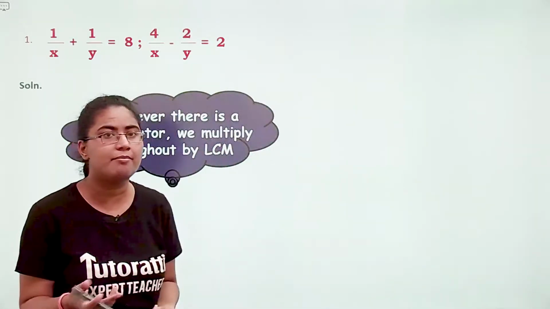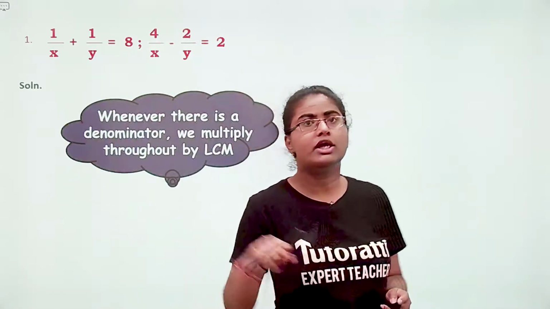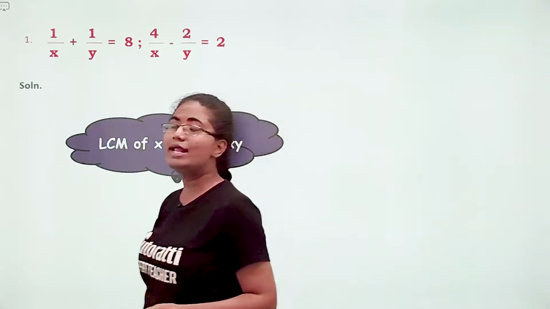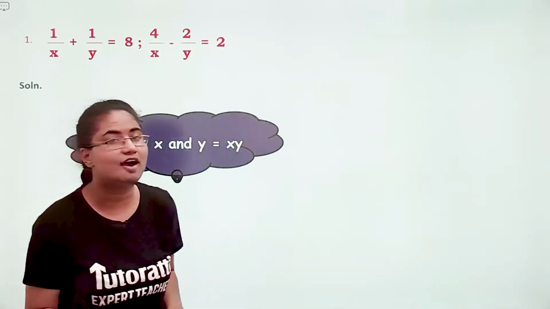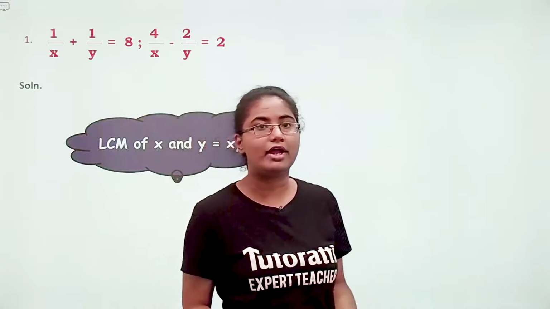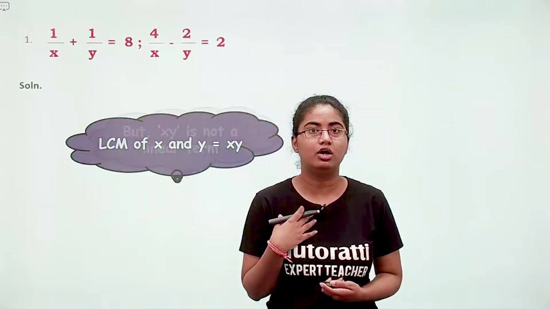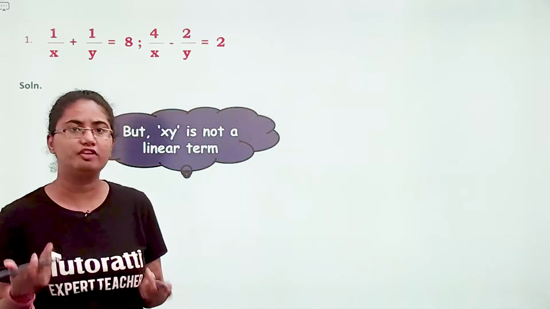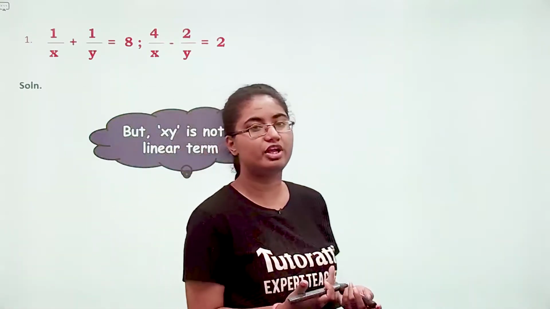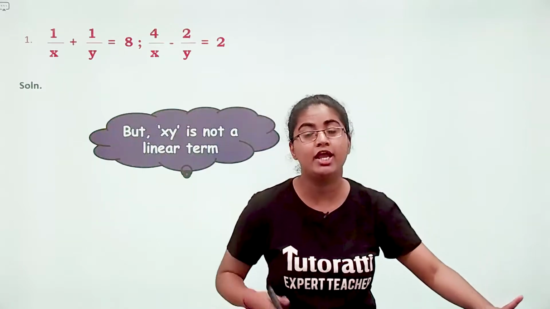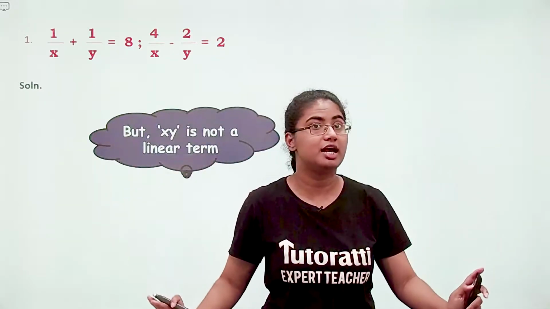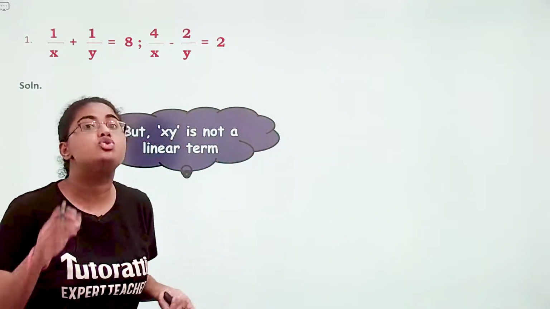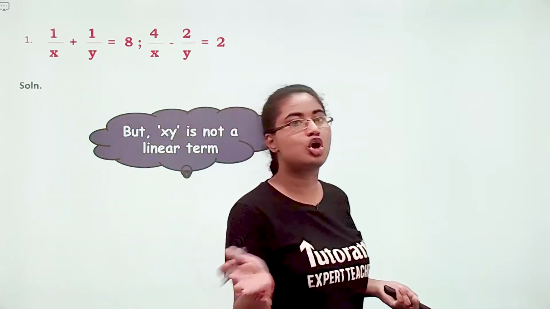We take LCM and then we solve it. यहाँ पे वैसे कर सकते हैं क्या LCM वाला method? यहाँ पे LCM अगर लिया, x and y का LCM क्या आएगा? x into y. ये क्या हो गया? x into y is not a linear term. We need individual variables, right? We need individual variables. या तो x चाहिए या तो y चाहिए. ये x y एक साथ नहीं चाहिए. बराबर? So this is scary term and it is not a linear term. Okay, it is not a linear term.